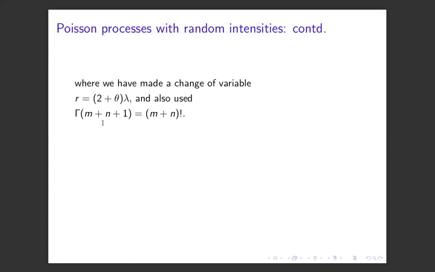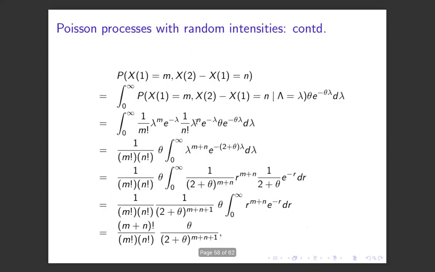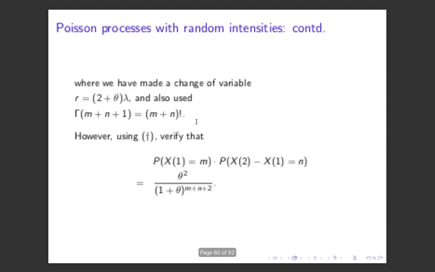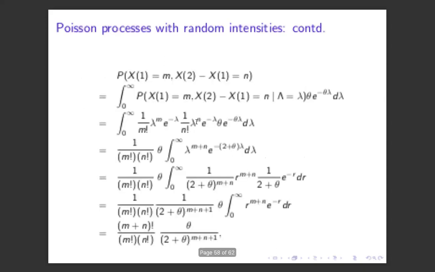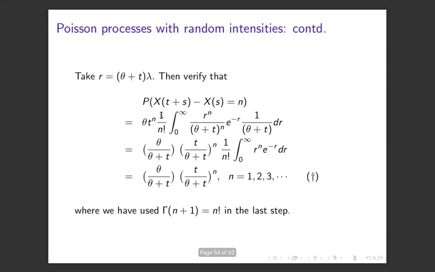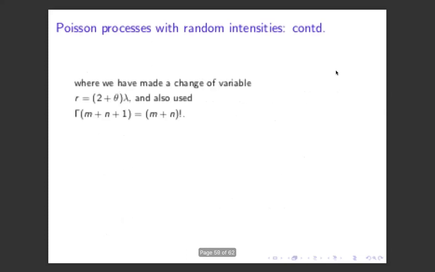So this is the change of variable, and the property of the gamma function which we have used is here. So we have got this probability equal to this. Now using that dagger, you can individually calculate the two probabilities.